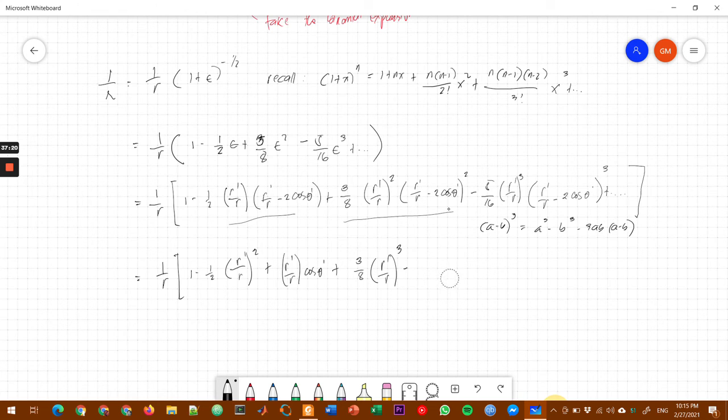So ang first term should actually give you this is square tapos kani square to the 4th. Okay.